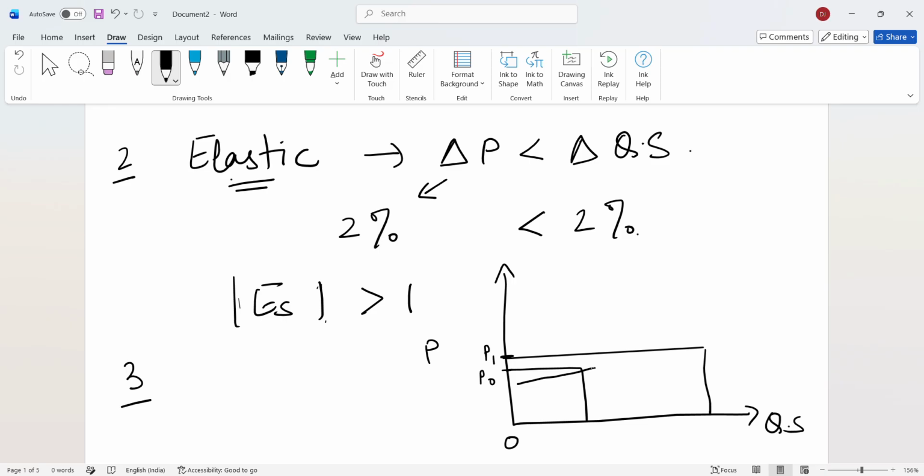So the curve would be a flatter line, right? You join these two points, you get the supply curve to be much, much flatter. That's your supply curve. So here the elasticity is greater than 1.